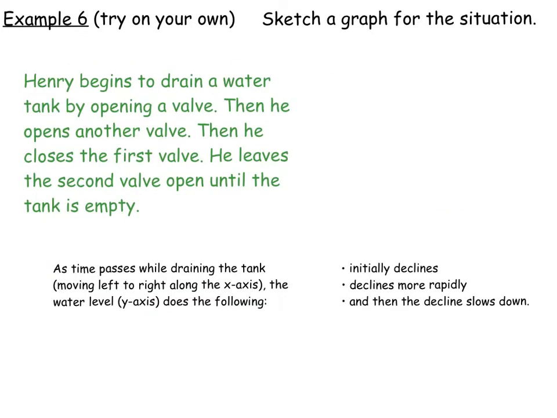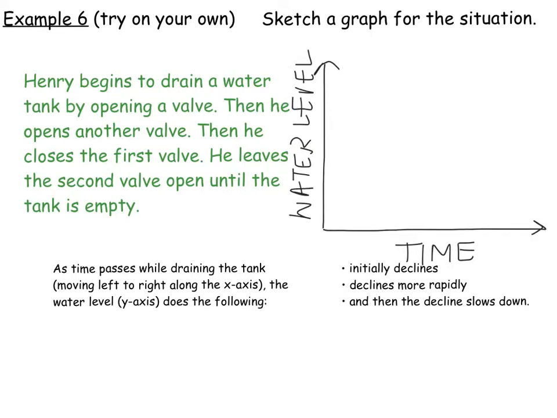Go ahead and try example 6 on your own, just like the last page, and check back for the right answer. Notice that for my answer, the first thing I did was draw a graph and label my axes, time and water level, which it tells you right in the problem. You have to remember to label because we have to know what's happening in relation to our graph.